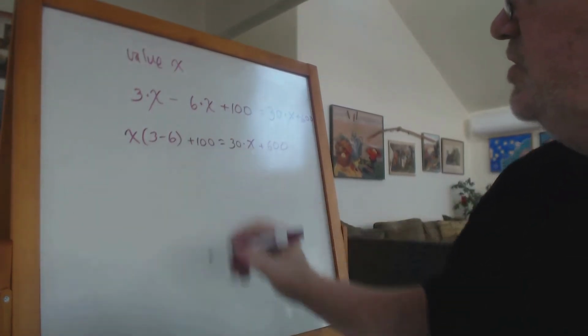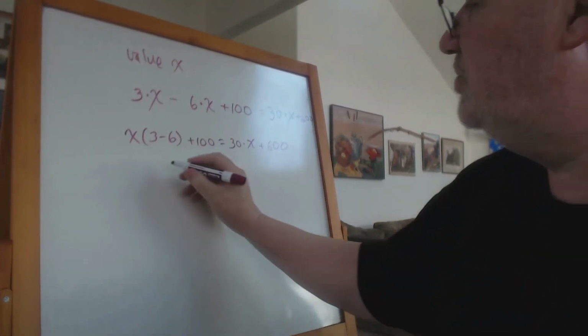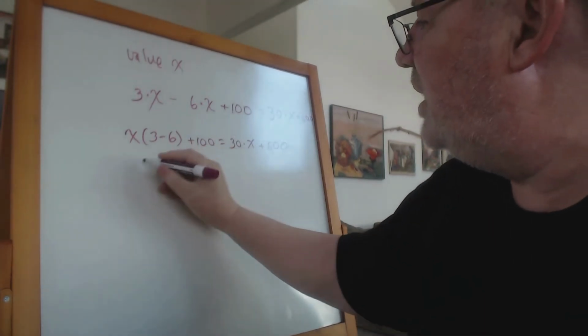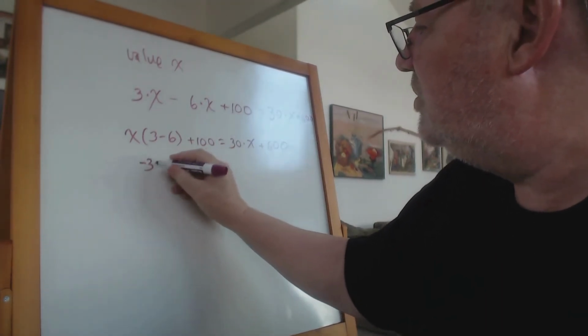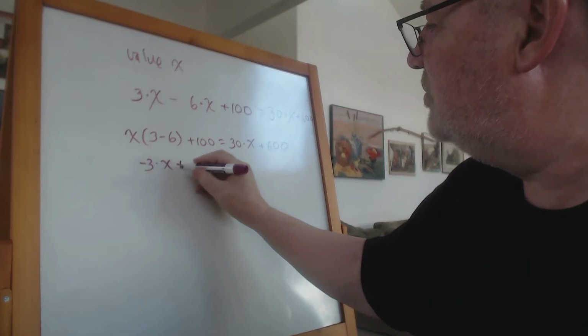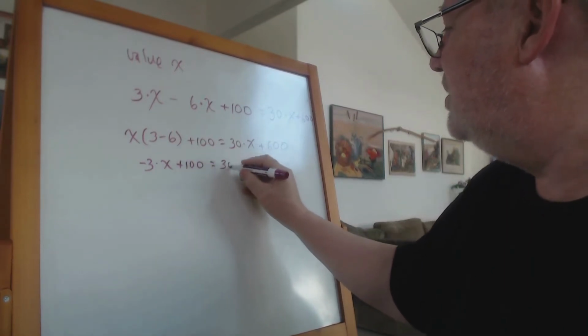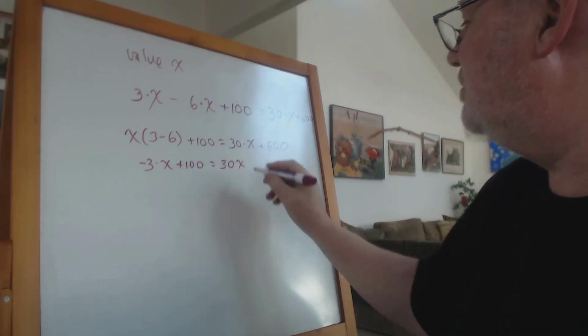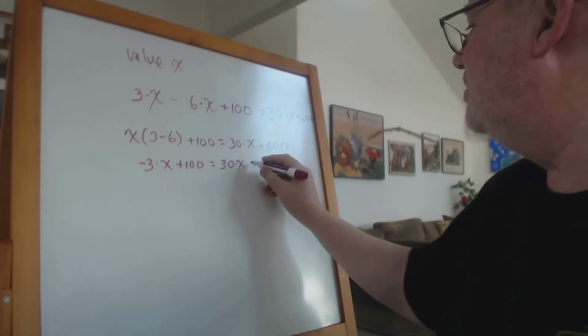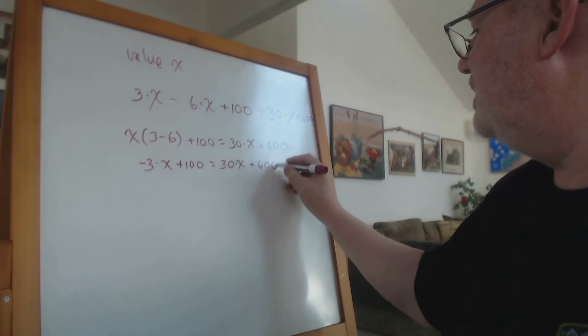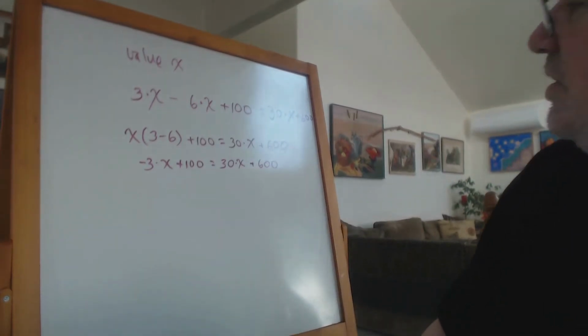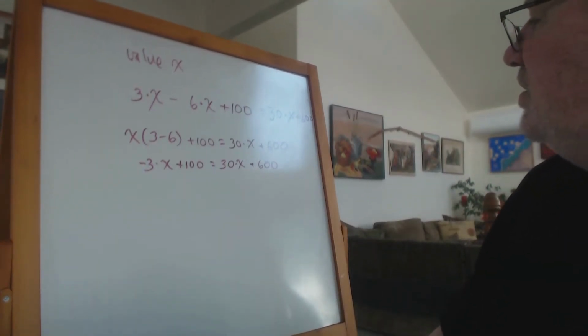Well, 3 minus 6 is minus 3. So we have minus 3 times x plus 100 equals 30 times x plus 600. Now remember, the goal is to isolate x.